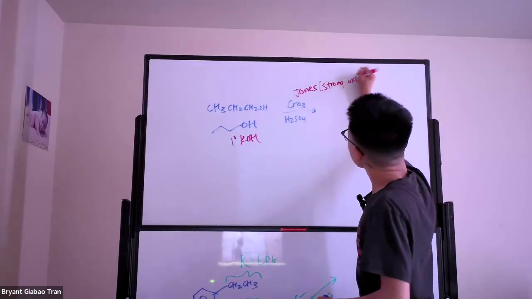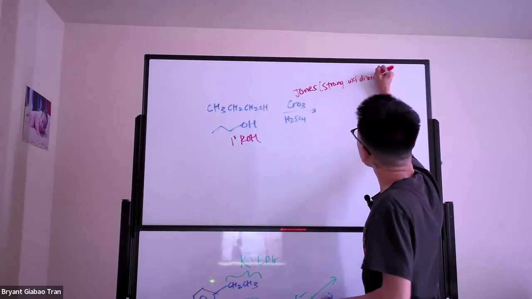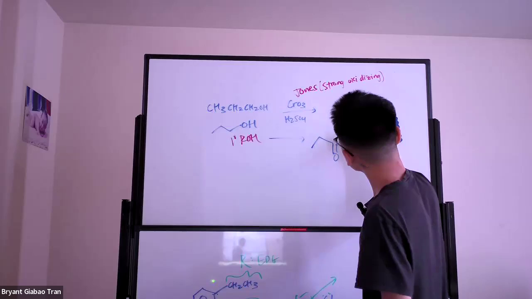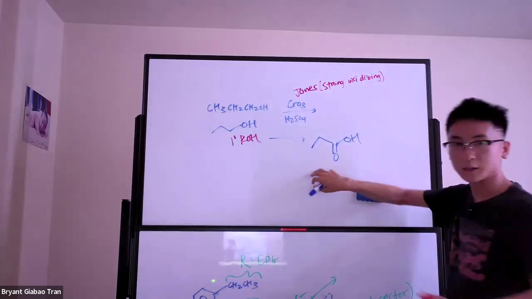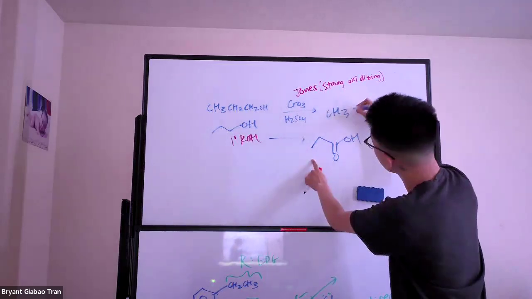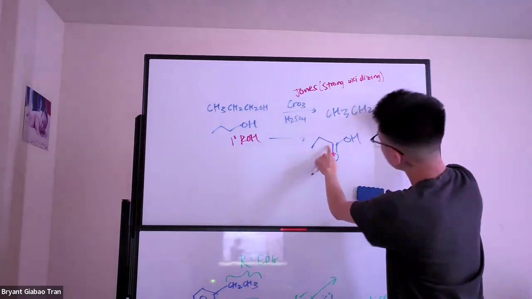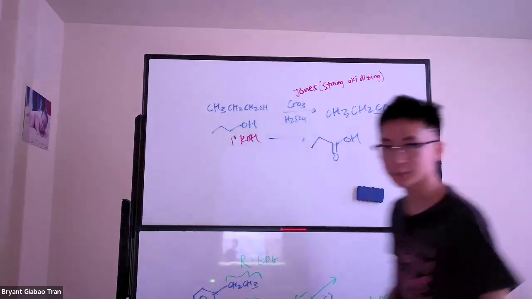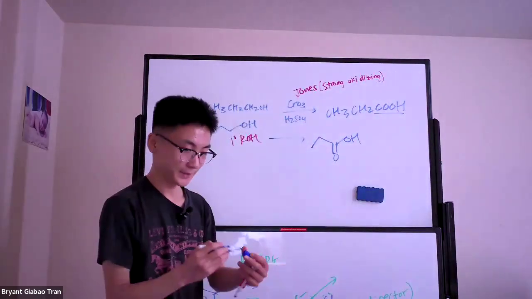When we react a strong oxidizing agent with a primary alcohol, what functional group would we get? Carboxylic acid. Yep, like this, and the condensed formula would look like CH3, CH2, COOH. The COOH is the carboxylic acid part.